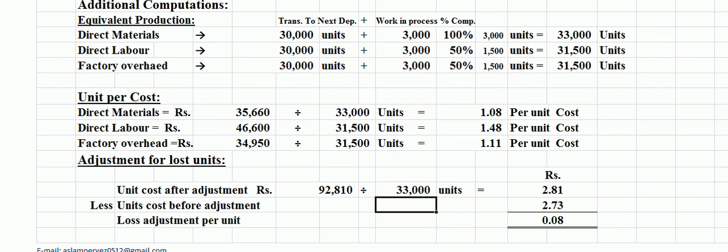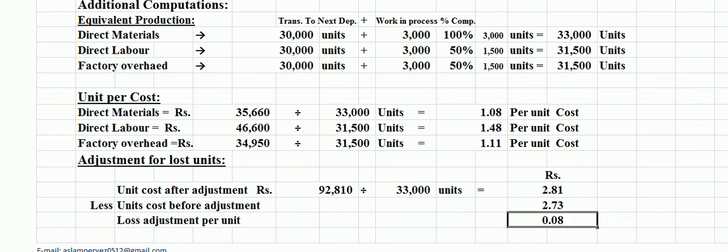Same as this is the preceding department per unit cost here. The difference between both the costs is 0.08. This is the loss adjustment per unit, which is put in the section 2 column unit per cost.